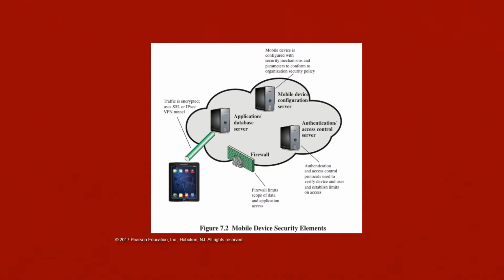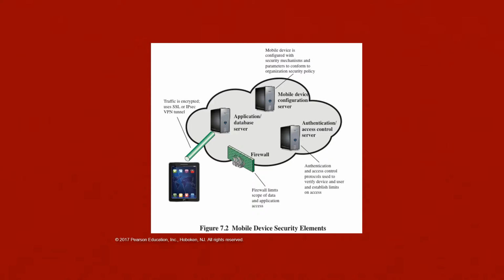Traffic security. Traffic security is based on the usual mechanisms for encryption and authentication as needed. All traffic should be encrypted and travel by secure means, such as TLS or IP version 6. Virtual private networks, VPNs, can be configured so that all traffic between the mobile device and the organization's network is via a VPN.